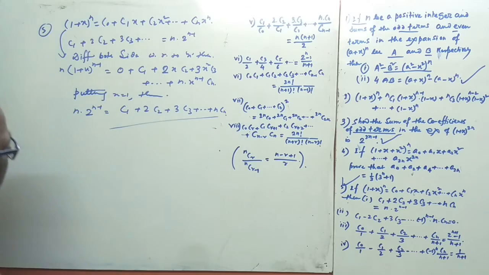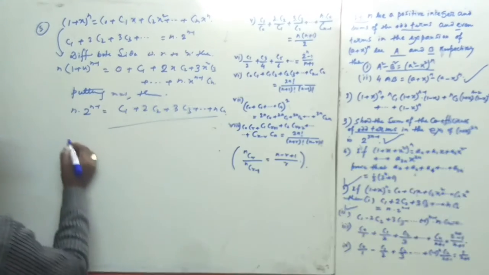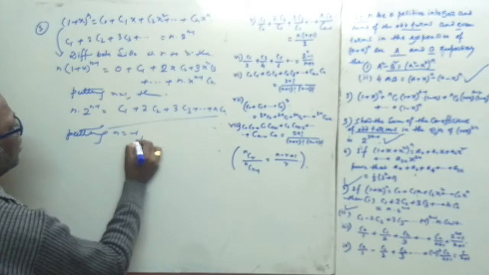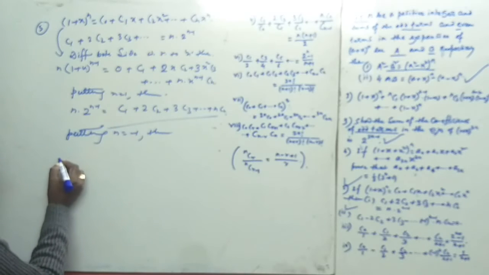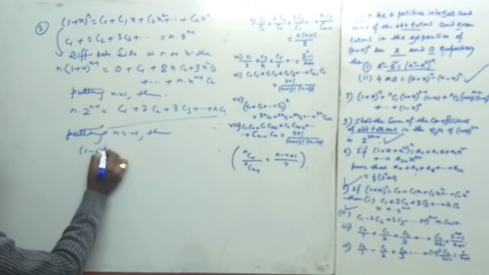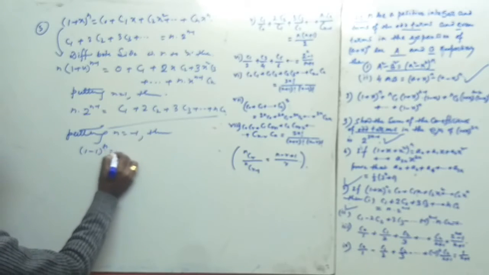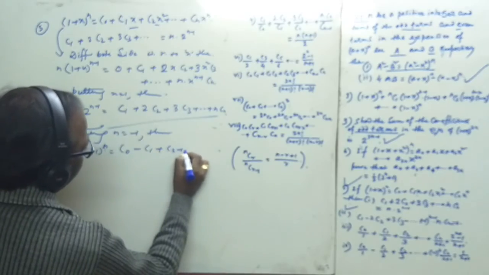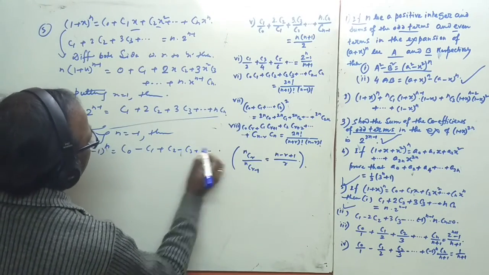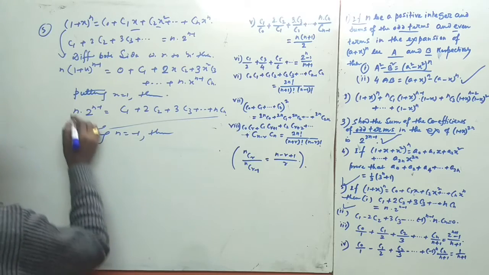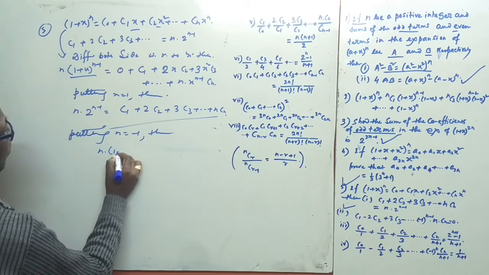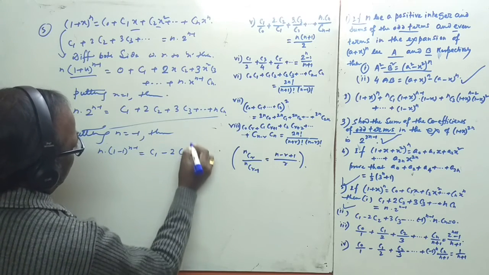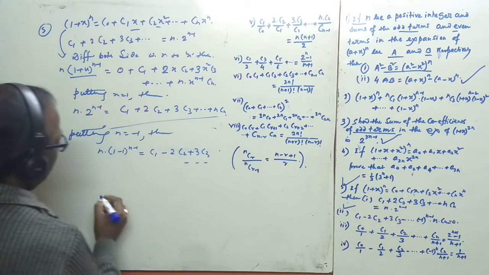And the same for number 2, putting x equal to -1, then n into (1 - 1)^(n-1) gives C1 - 2C2 + 3C3 - ..., and this is 0.